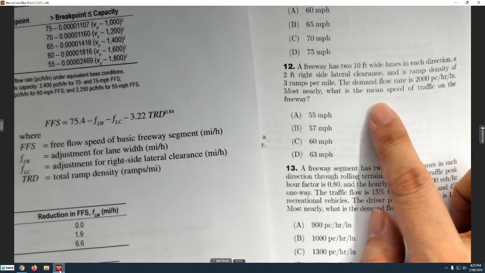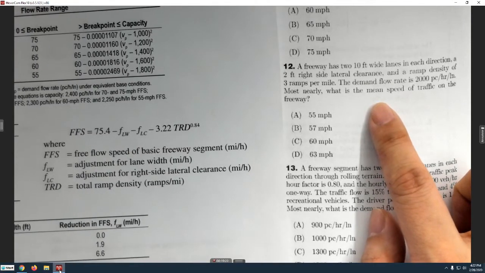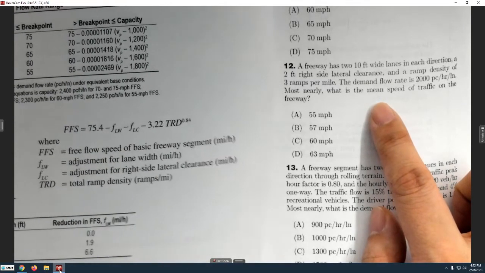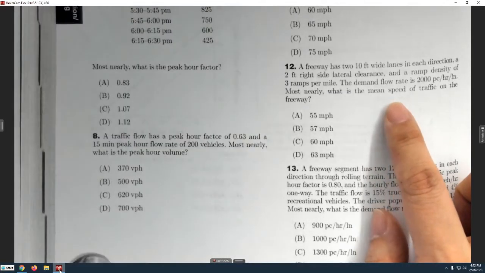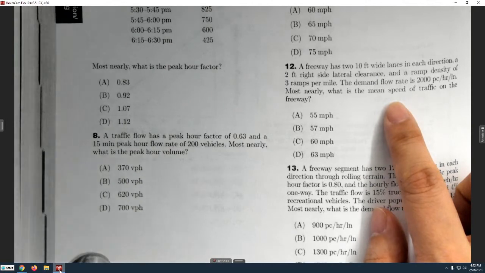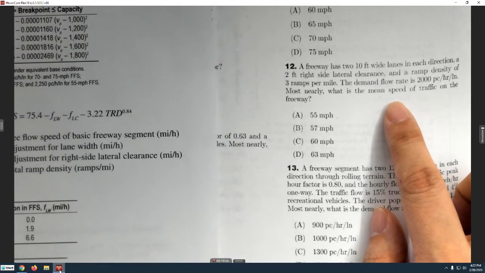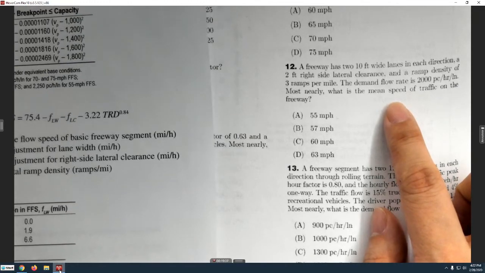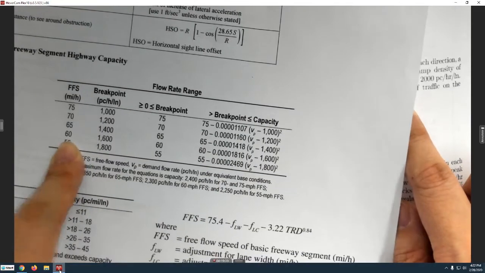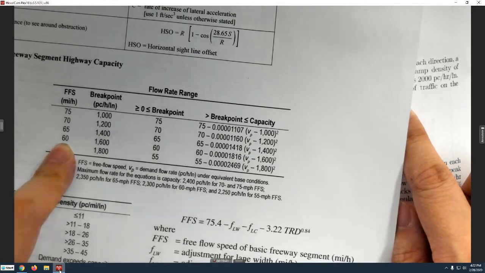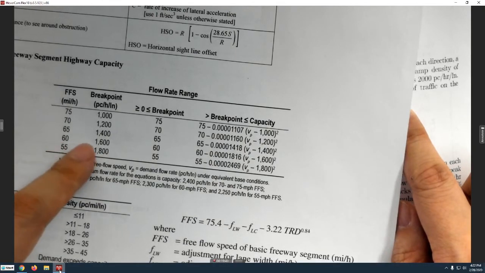Okay. And then after you get the free flow speed, you are going to see from this table that the free flow speed is around 58.3, so something here.